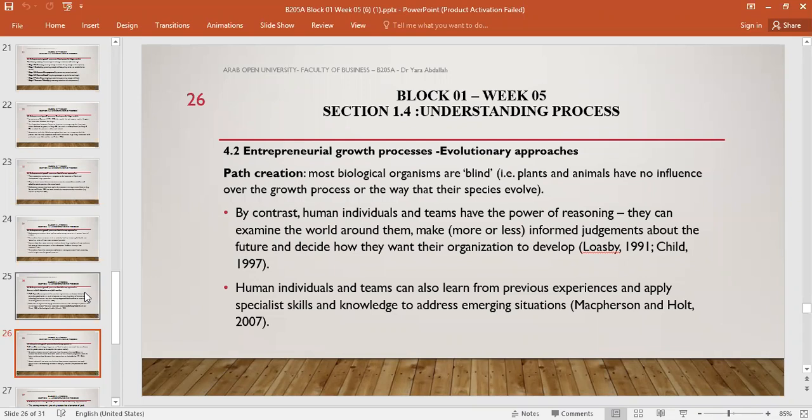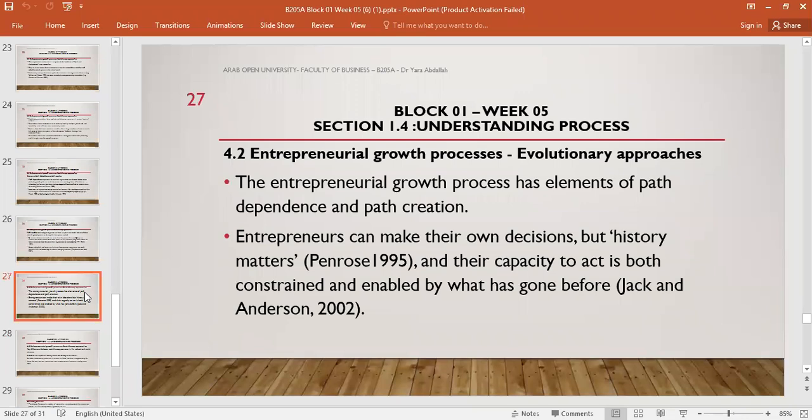For example, I'd like my firm not to decline. This is why I try to keep myself in the maturity stage. This is my decision. And I can do this by using different skilled people and introducing a lot of innovation.